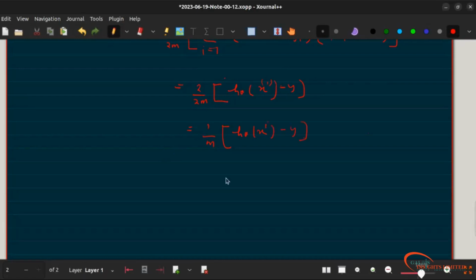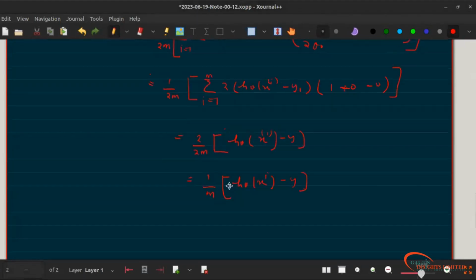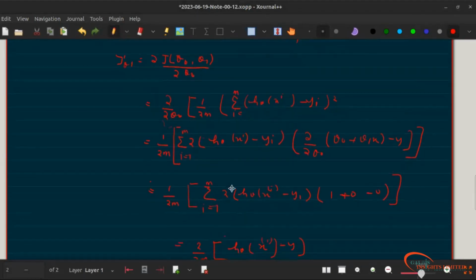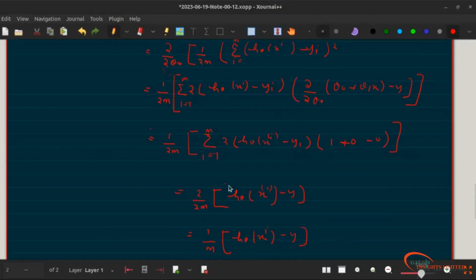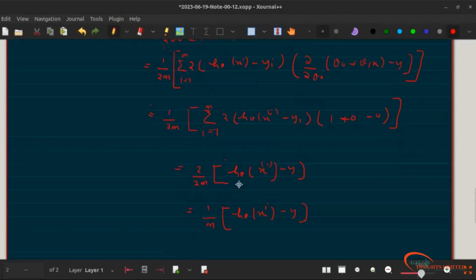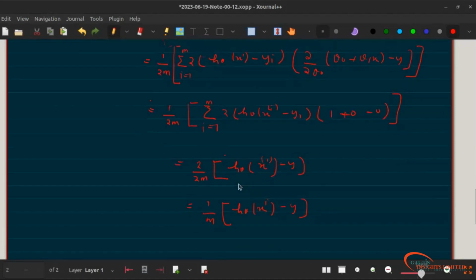Yeah, so you get something like this after taking the derivative with respect to theta naught. I hope this is clear. So this is when you take the derivative with respect to theta naught.